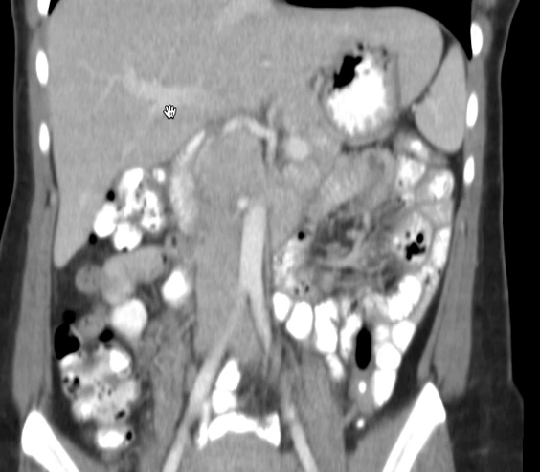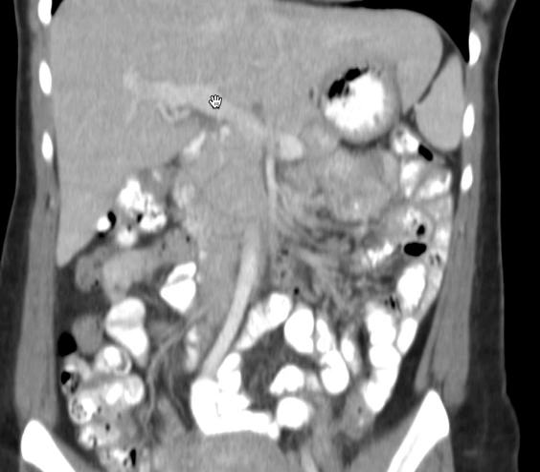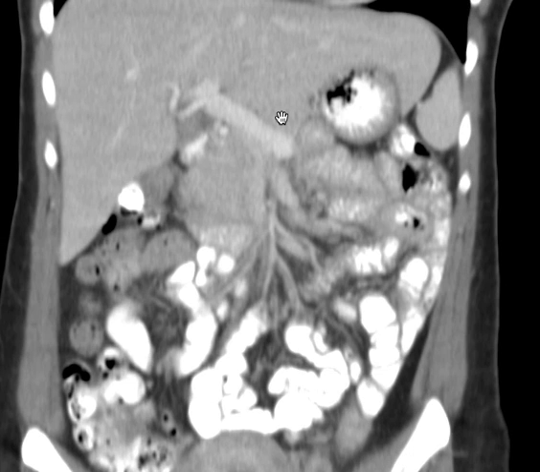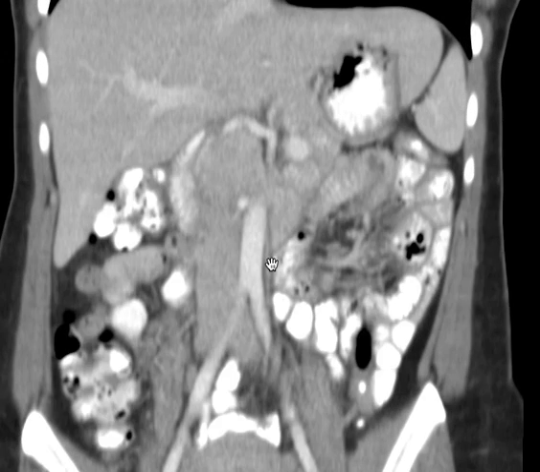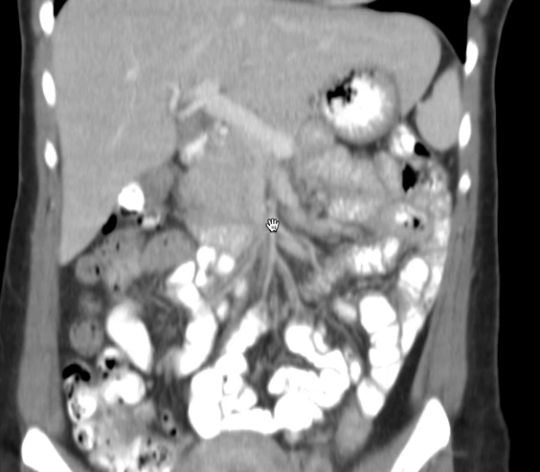This is the portal vein. So the portal vein is venous return from the bowel. And so if you follow this back, you'll see that it receives blood return from the mesentery, and the mesentery is all of these supportive structures here, which contain vessels that take blood to and from the bowel.